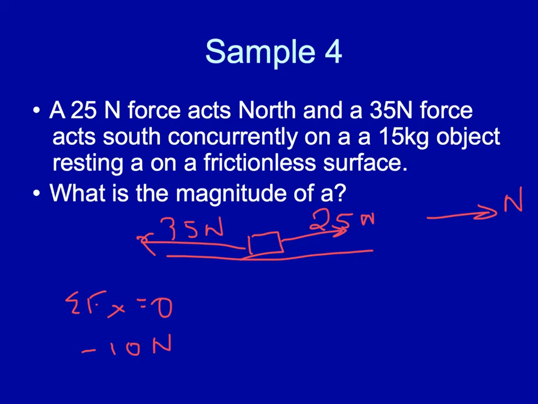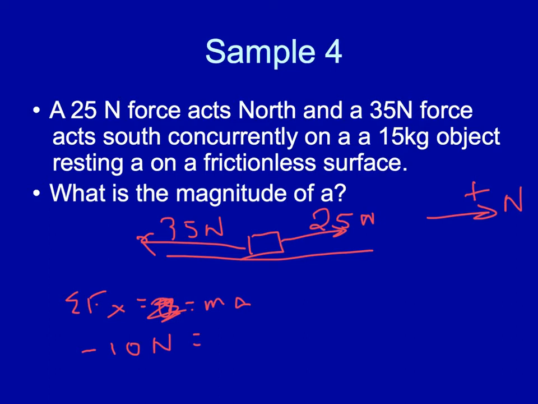That's based on my convention that that was going to be north. So if that's north, I'm also going to say that that's positive. So therefore, I have 25 minus 35. That is equal to m times a. I don't know what I wrote 0 for. Apologize. So therefore, m times a.